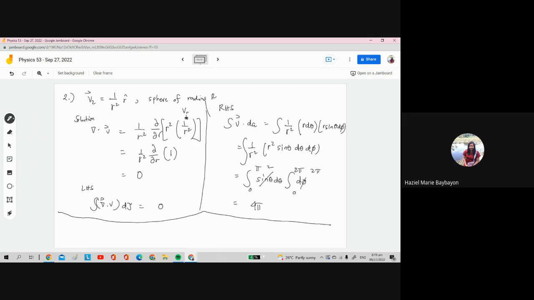Let me check my notes. The very first divergence, for example, from a point, expectedly 1 over r squared looks like this.